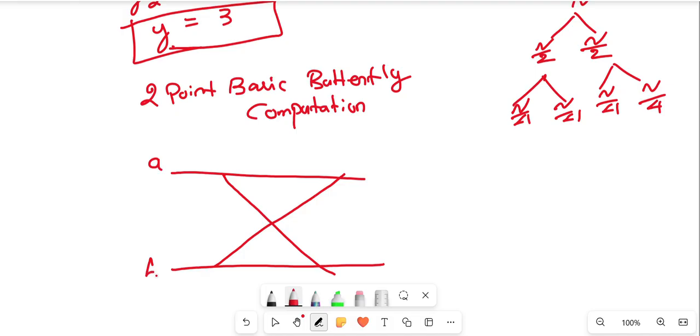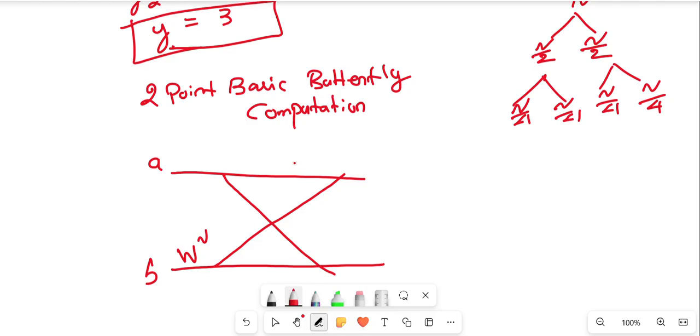A, B, this is a twiddle factor. If you notice in the derivation, the twiddle factors will come with the odd functions.